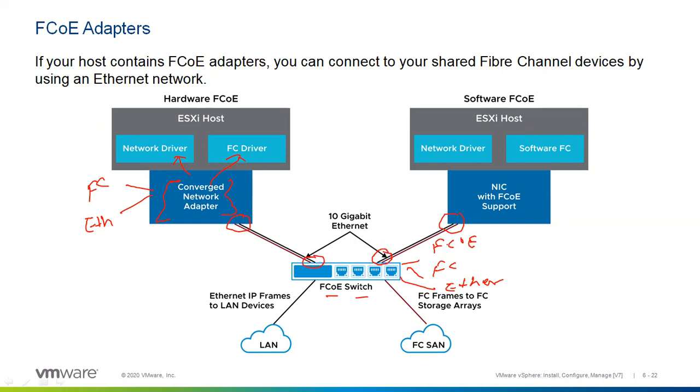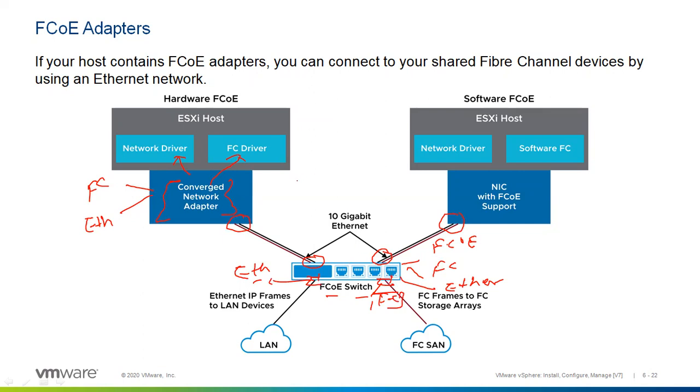Then this switch will segregate the traffic. Whatever traffic is going to my LAN will use the Ethernet port, and whatever traffic is going to my SAN will use the fiber channel ports. The traffic comes over a single cable, but the actual segregation happens on the FCoE switch. All right.